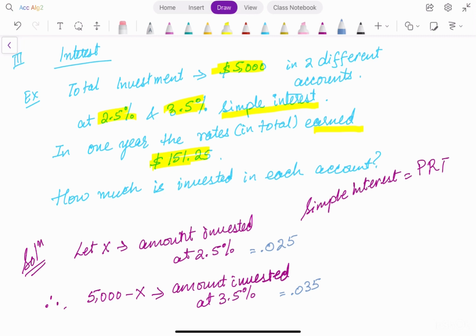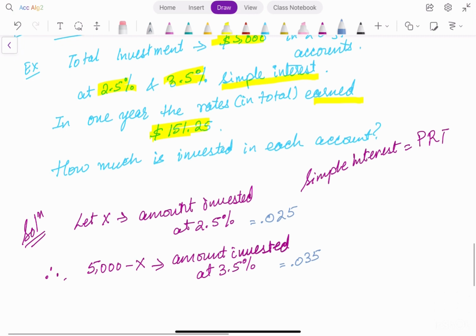So now we have the two principals ready with us, right? We have the rate, we don't have the time. And we also know that the total income earned is 151 and the total investment is 5,000.